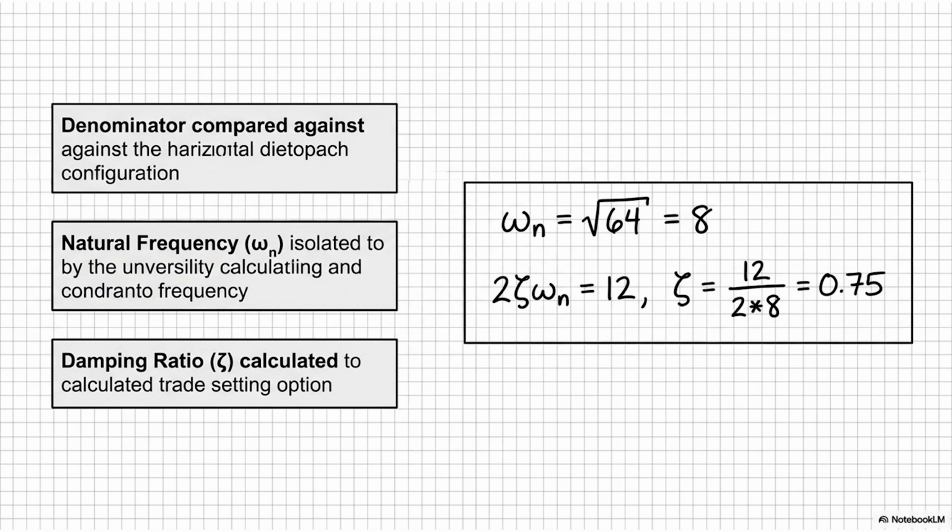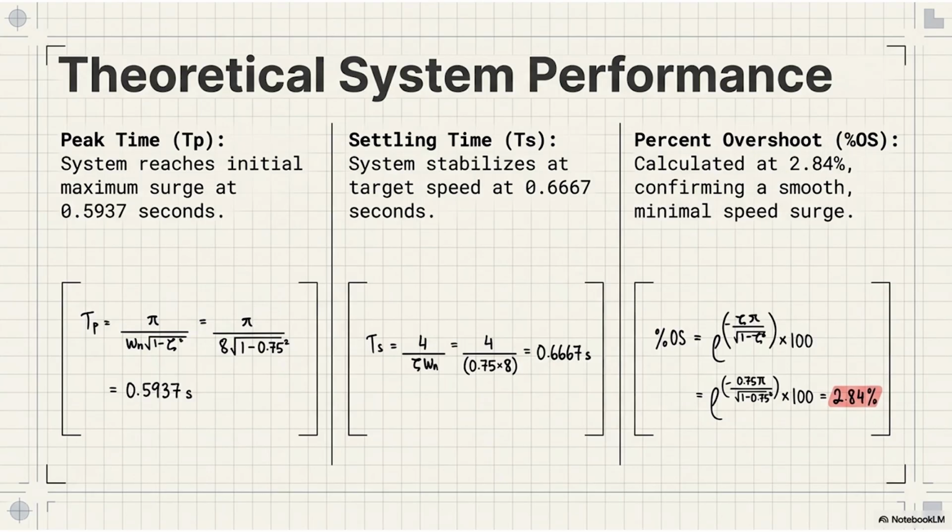Using these parameters, we can calculate the theoretical transient performance of the system. For the peak time, we use the standard formula and find that the system reaches its initial maximum speed surge at 0.5937 seconds.